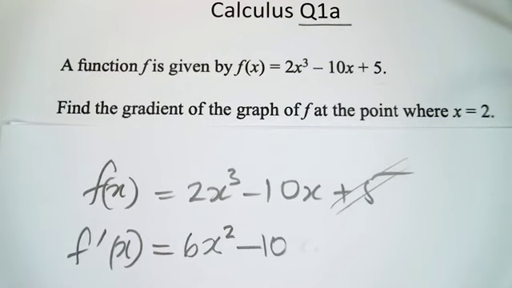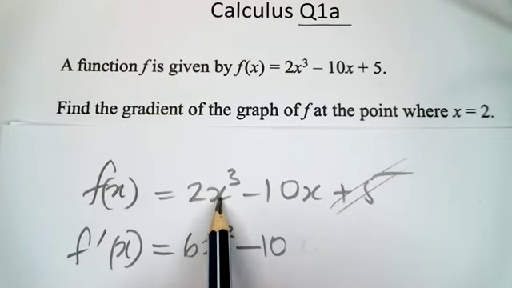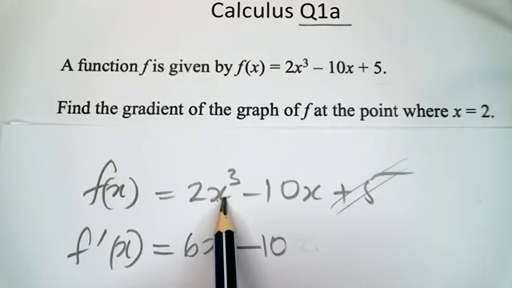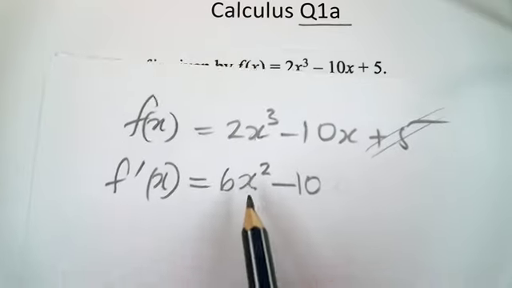We've done it. Now it says at the point where x is 2. If we put x equals 2 into the original function, we would find the y value where x was 2. If we put the x value into the gradient function, we find the gradient at the point where x is 2. So let's do that.